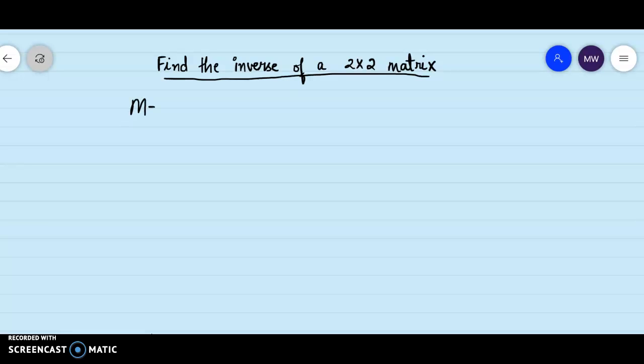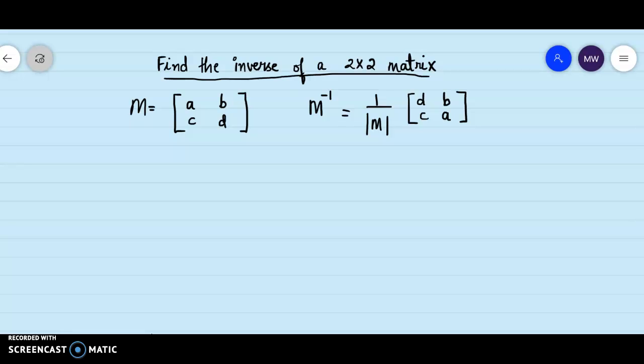Let's say I have a matrix M and the elements are denoted by A, B, C, D. The inverse of this matrix, M inverse, denoted by M to the power of -1 like an exponent up there, is given by 1 over the determinant of M times the matrix D, A. I flip the position of the diagonal elements here, and the C and B stay in their positions, but they will change sign.